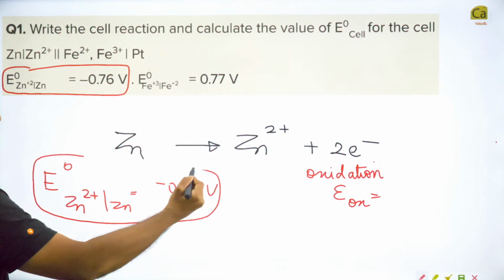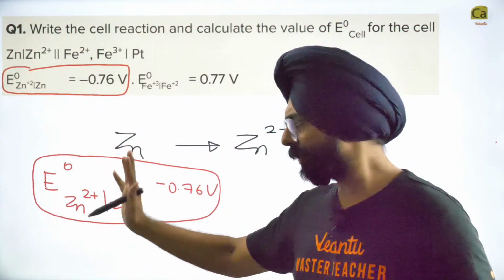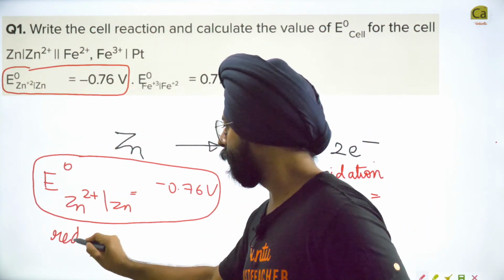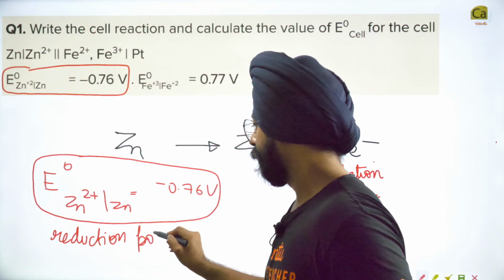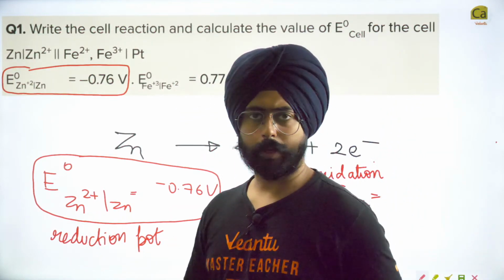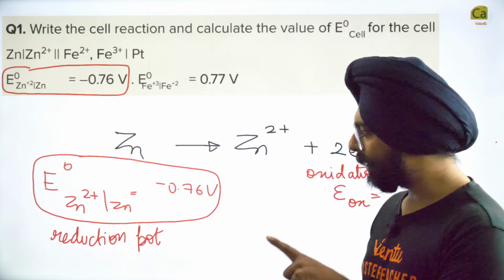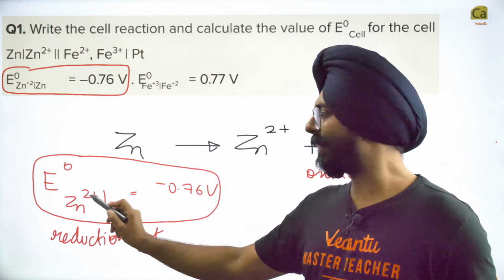Whenever these standard values are mentioned, they are always reduction potentials, number one. Standard values always will be mentioned as reduction potentials. ठीक है? Now over here, how to tell whether it's a reduction potential or not? Zn2+ is on the left, zinc is on the right.